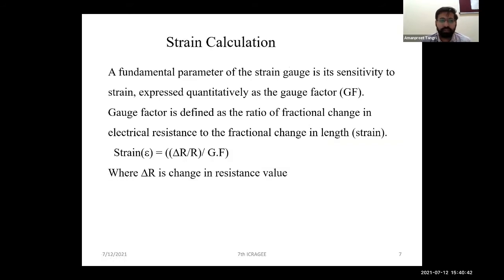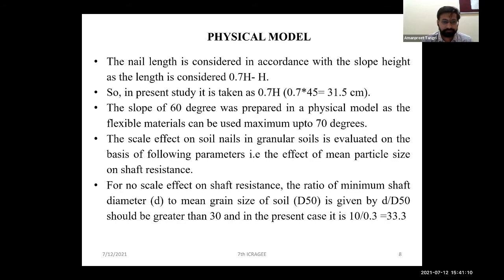Now, how were we calculating the strain? The strain was calculated indirectly by using the flex sensor, because we were able to measure the changing resistance of that flex sensor when the load was applied on it, and there is a formula for finding the strain as delta R by R divided by the gauge factor. Gauge factor was given by the supplier as 2.1 for that flex sensor.